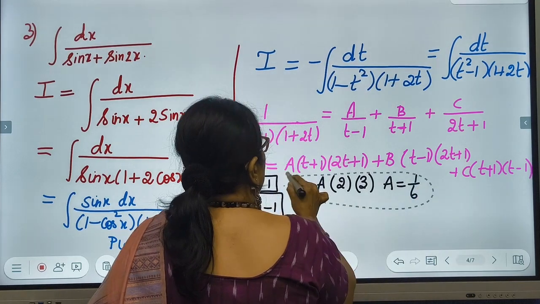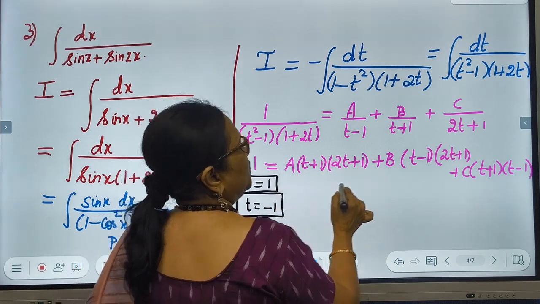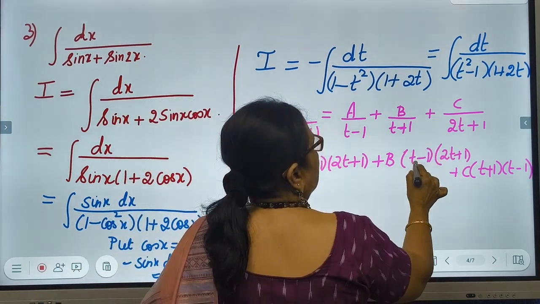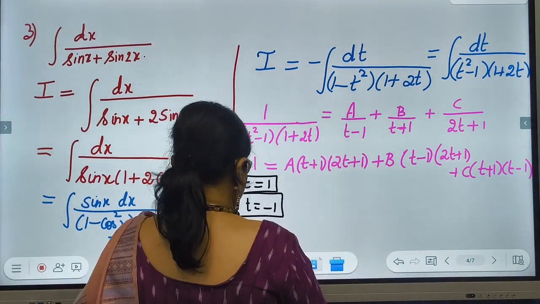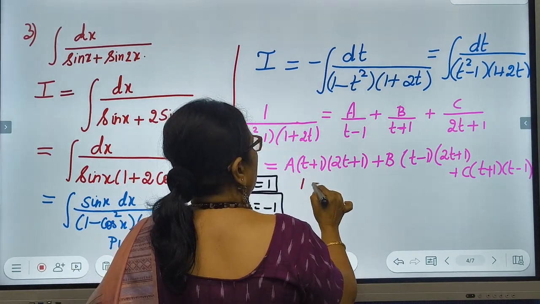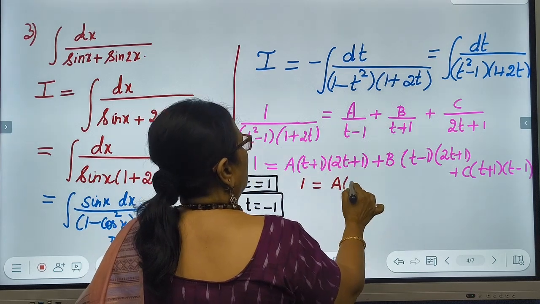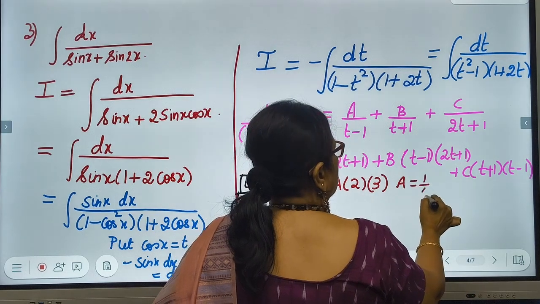Let me redo this part. When I put t equal to 1, this becomes 0 and this becomes 0. So 1 equal to a into 2 into 3. So a is 1 by 6.